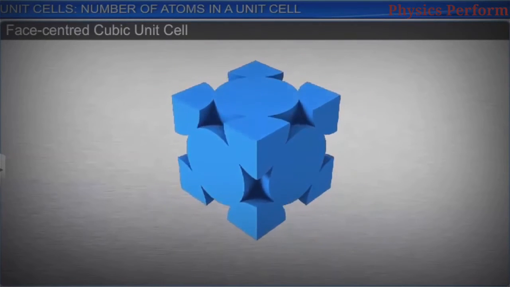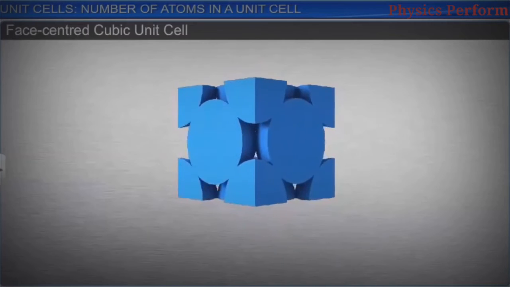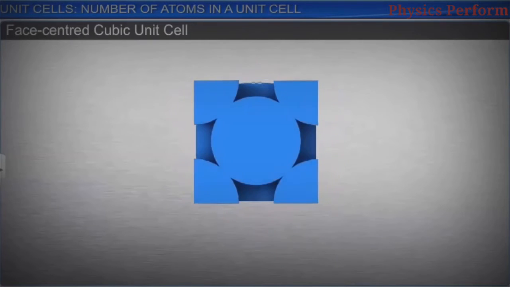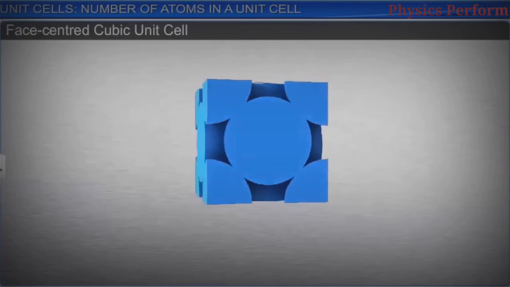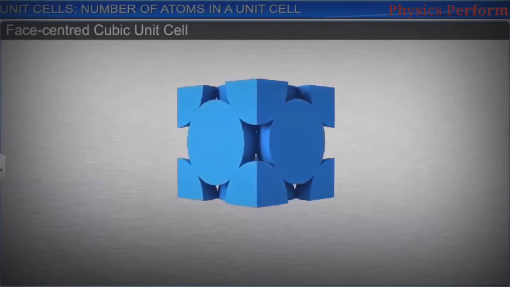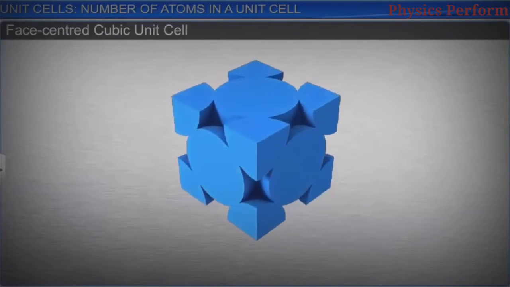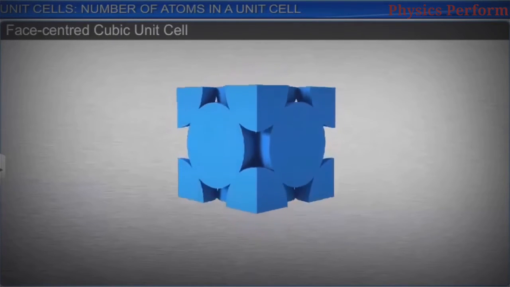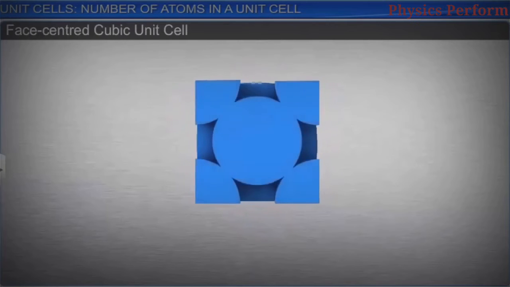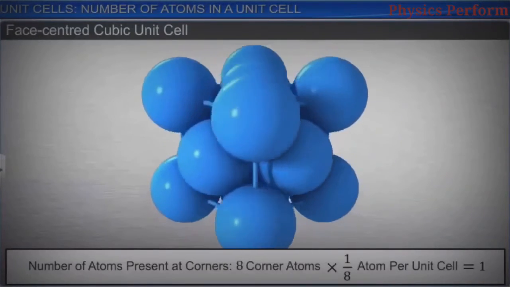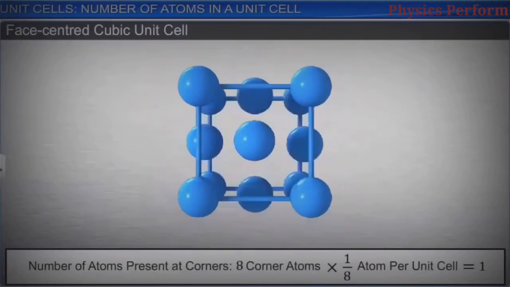It is clear that the atoms at the corners contribute 1/8 of their original volume each. In addition, there are 6 atoms at the 6 faces, which contribute half of their original volume each. The number of atoms at the corners per unit cell is equal to 8 corner atoms into 1 by 8 of an atom per unit cell, which is equal to 1.